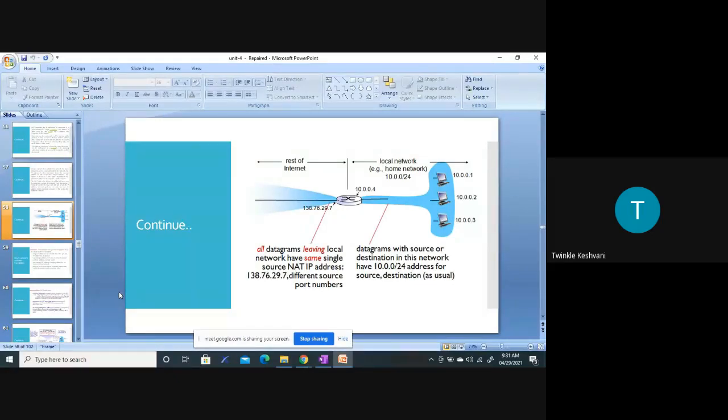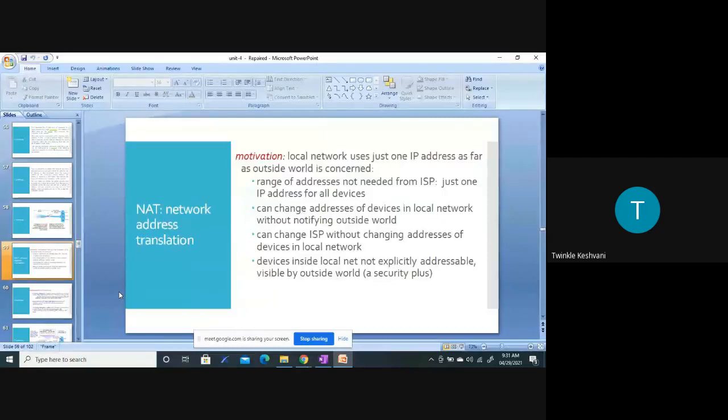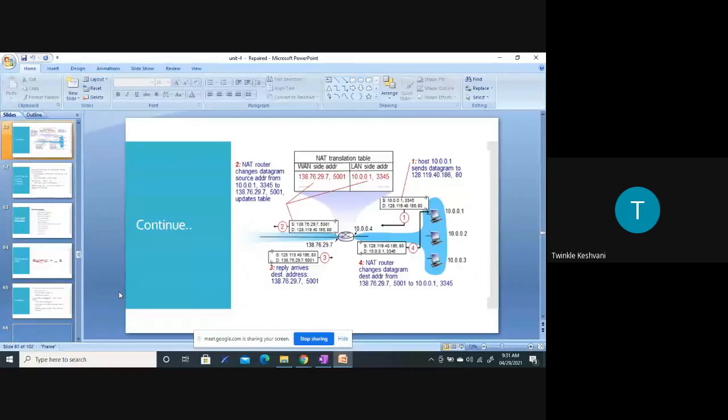When it is outside a network, it makes use of a public IP address. But when it enters its private network, it makes use of its own local private IP address. So this is all about NAT.